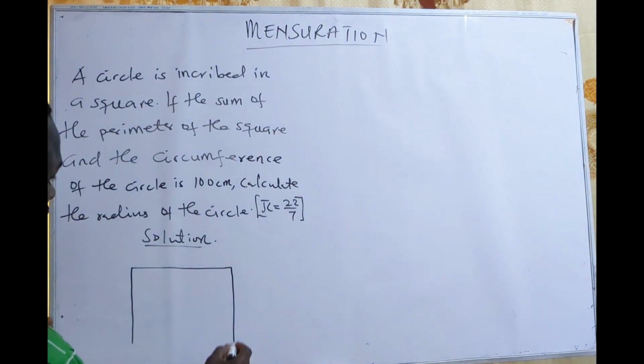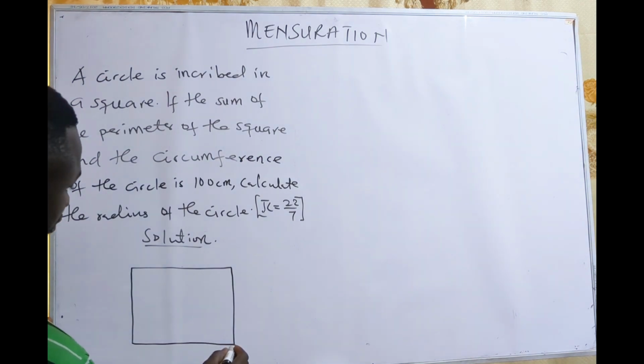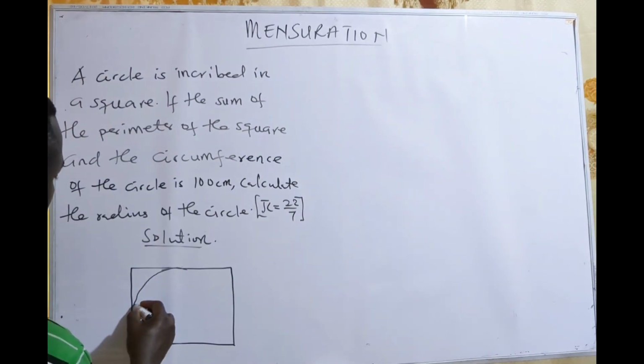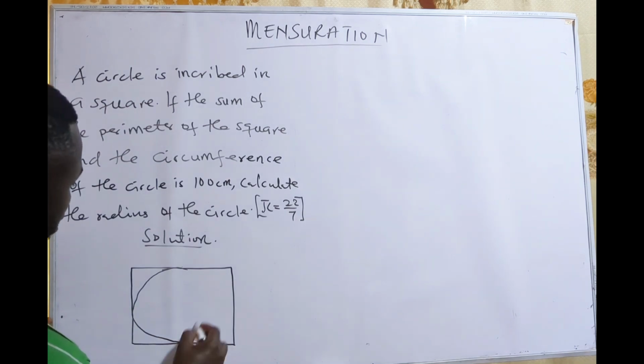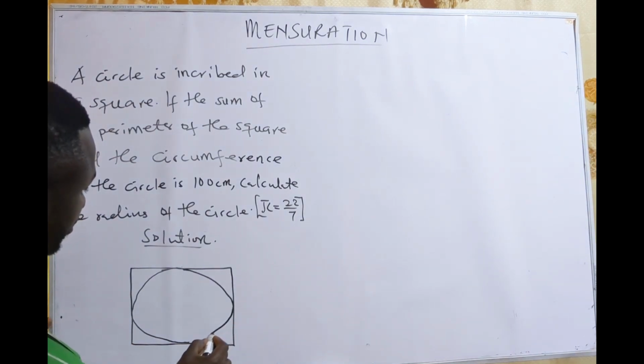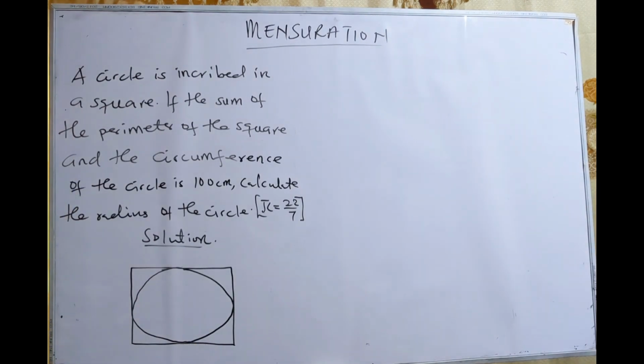We have our square here, and then this is a circle, where the circumference touches the sides of the square. This is the inscribed circle. It can be inscribed in a rectangle and so on.